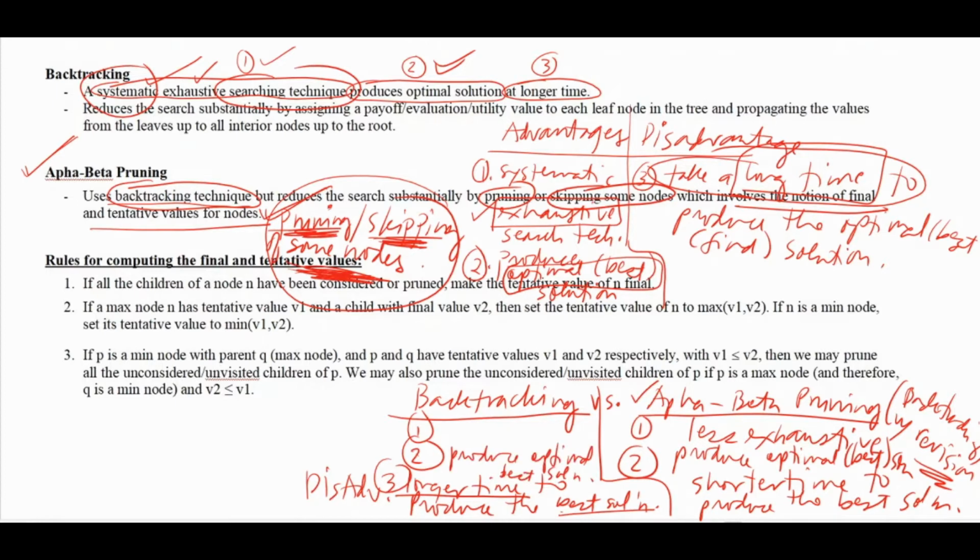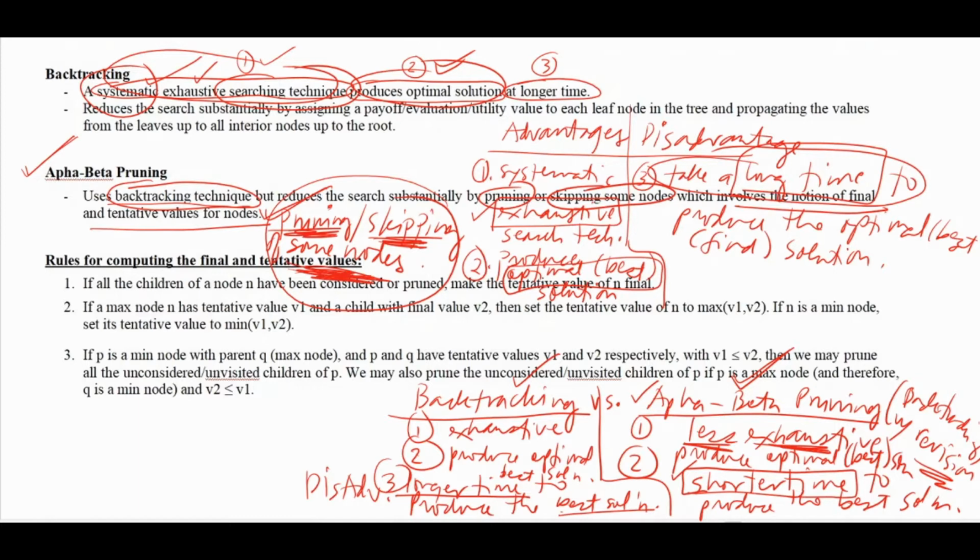So for descriptions number one and number two, backtracking and alpha beta pruning are the same, except that backtracking is an exhaustive search technique, while alpha beta pruning is less exhaustive, and therefore it shortens the process of finding the best solution.